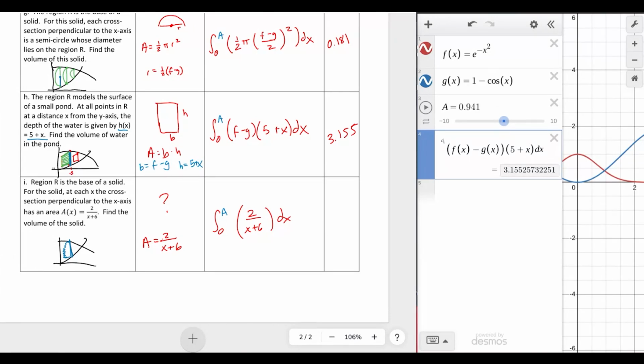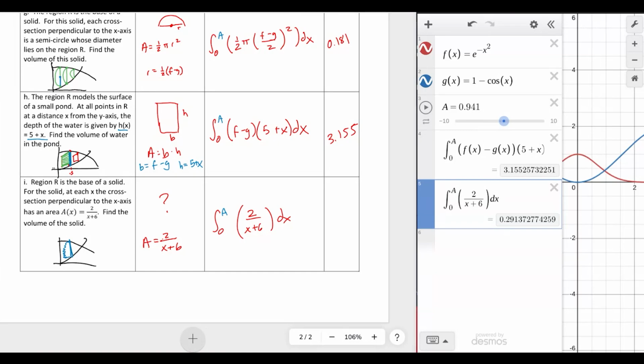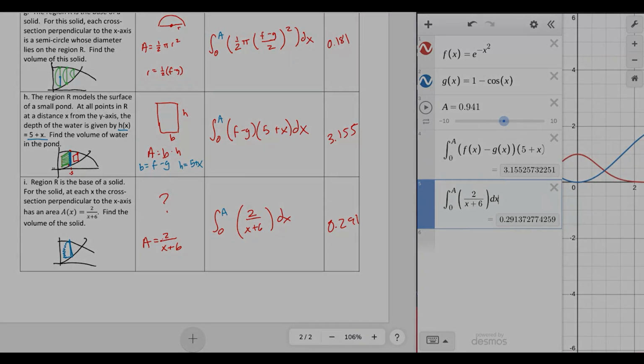Okay. And then for the last one, we got 2 over x plus 6. Okay, so we have 0.291. Okay, any questions?